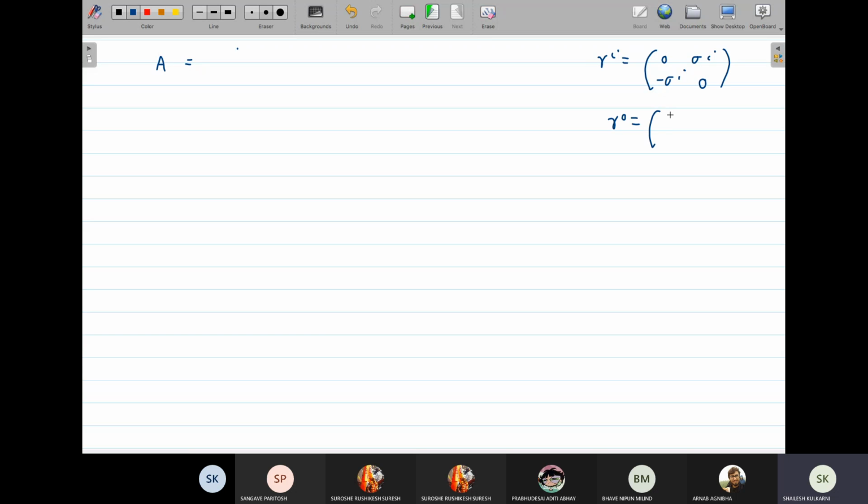Gamma 0 will be identity 0 0 minus identity. Now suppose I define this A in this way, sigma i 0 0 sigma i, with a half here. Just let us consider this quantity.